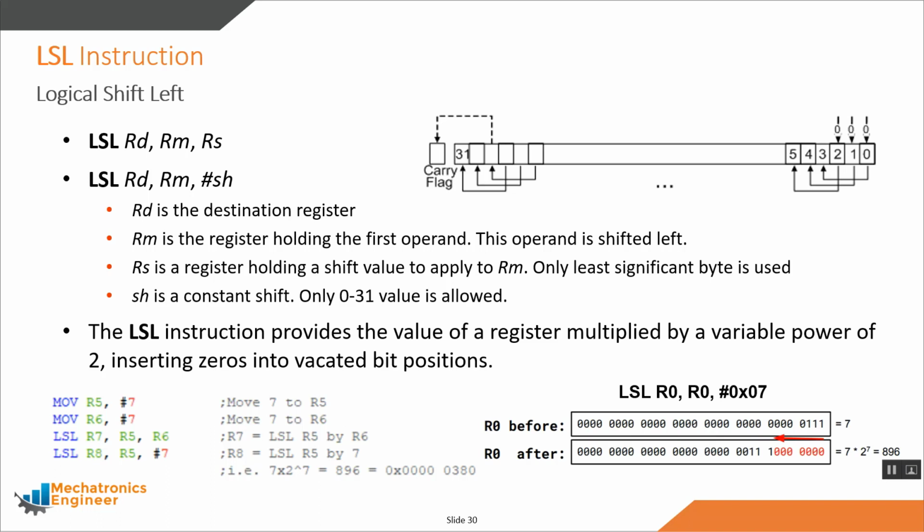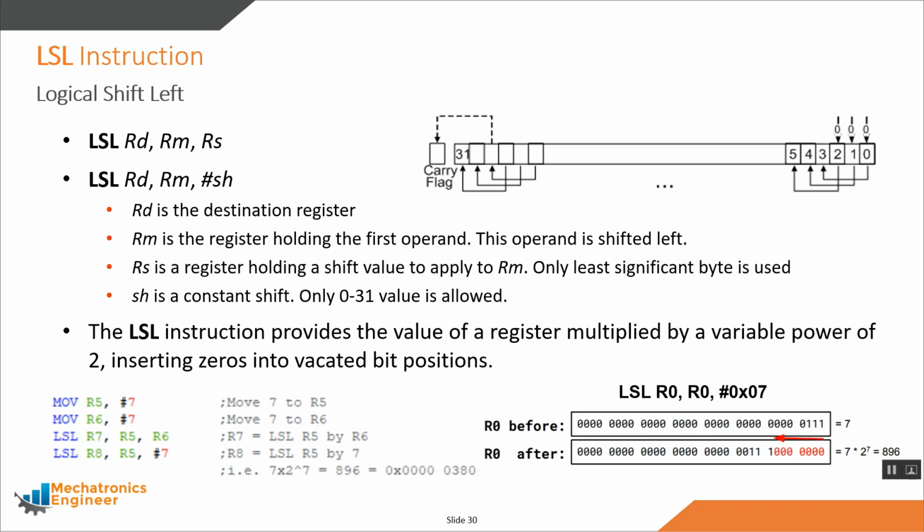The variable is the constant shift that we provide in this instruction. For example, in this instruction, the content of R0 will be multiplied by 2 raised to power 7. The 7 is the constant shift that we are giving in this instruction.